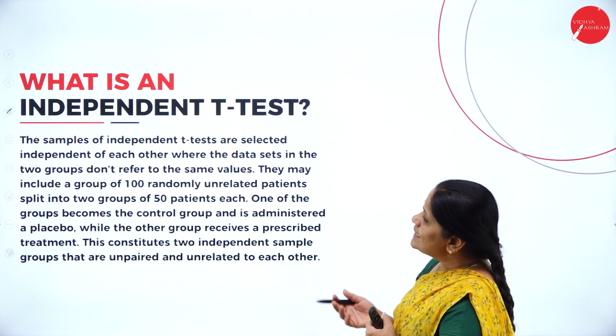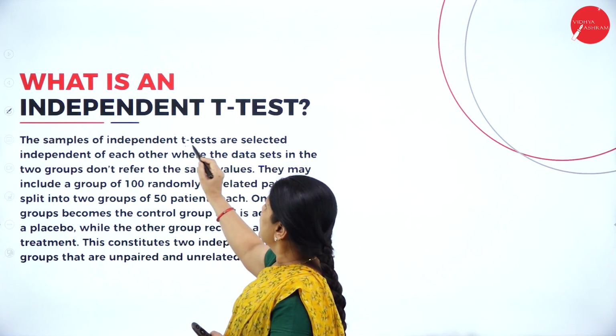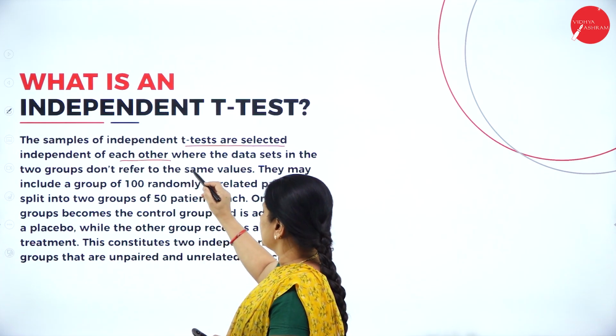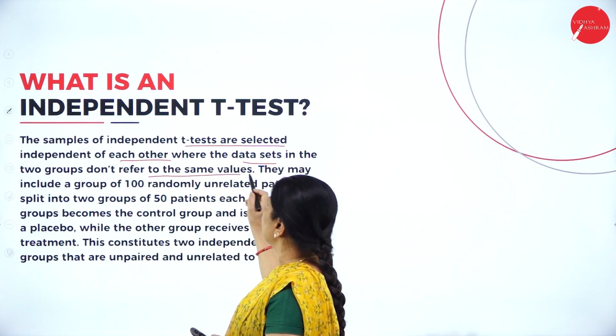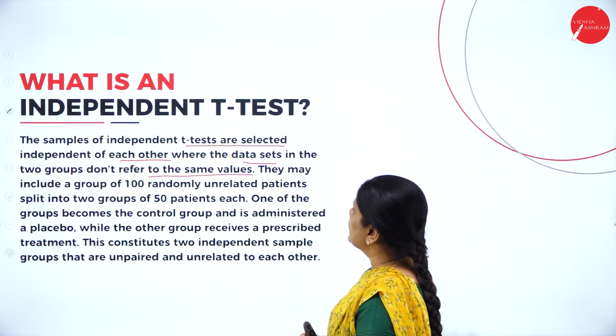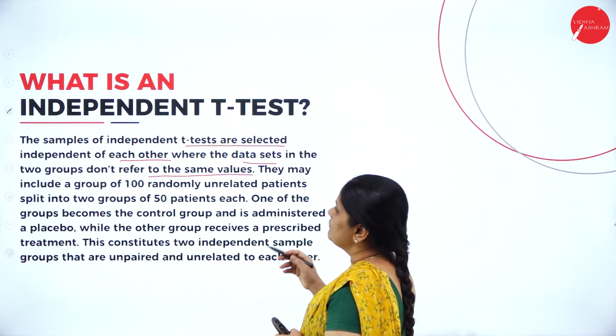Next, what is an independent t-test? The samples of an independent t-test are selected independently of each other, where the data sets in the two groups don't refer to the same values. So an independent t-test is used when the data sets do not refer to the same values.